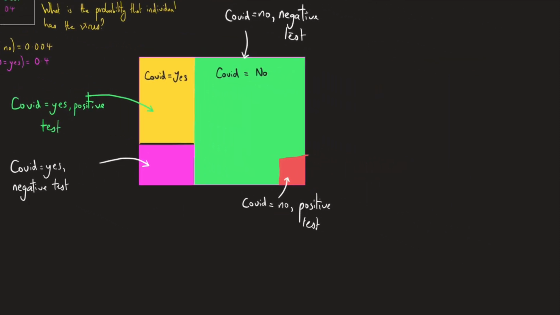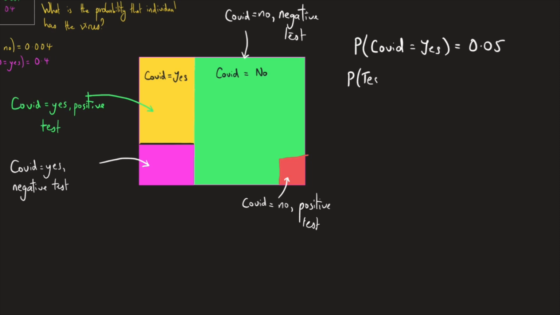Well, remember, we know some information. We know the probability that COVID is equal to yes. That is, the individual is infected with COVID is 5% or 0.05. We also know the probability of a false positive.